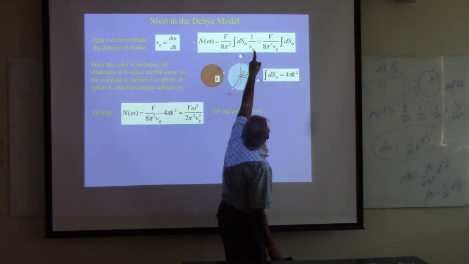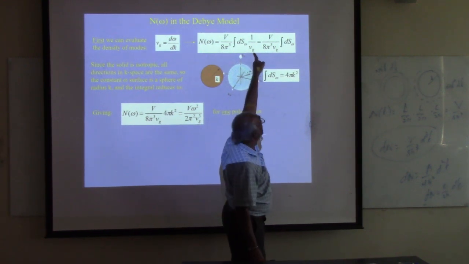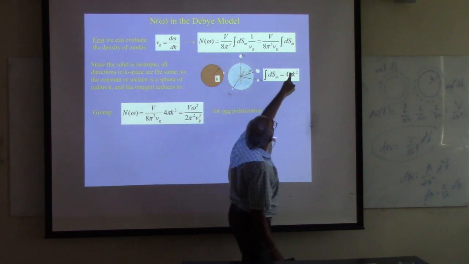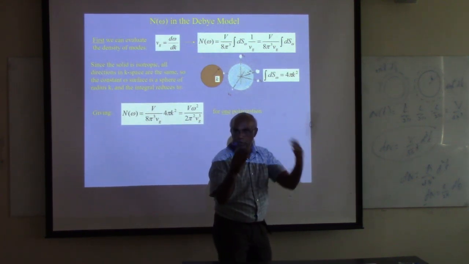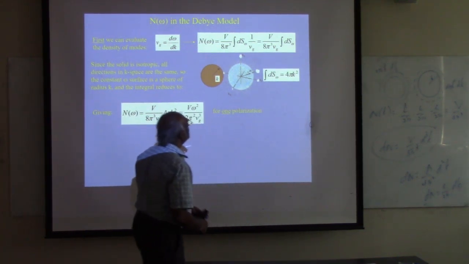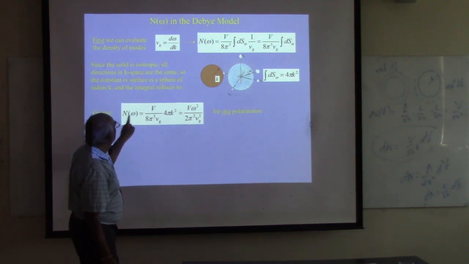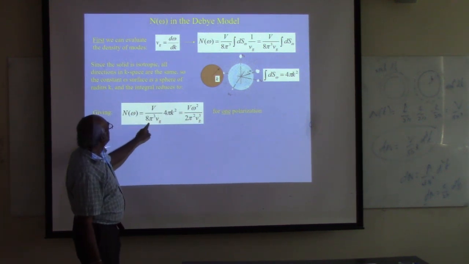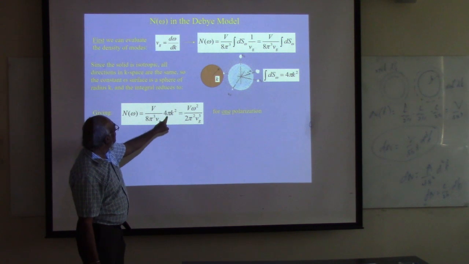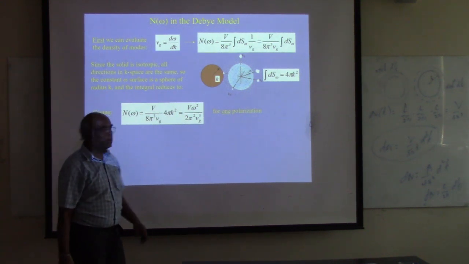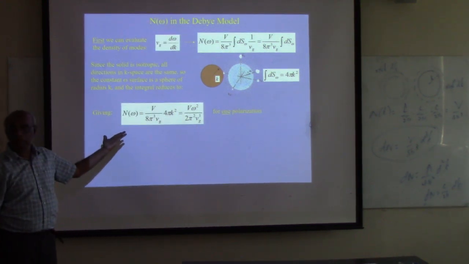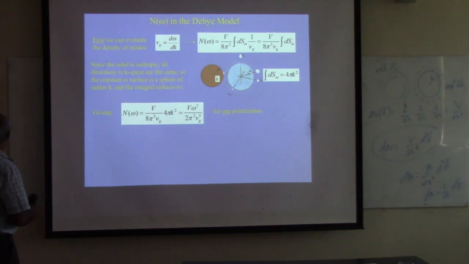We already put d omega over dk, that's why Vg is here. So this is 4 pi k squared, if it's a homogeneous distribution. If you do that one, n omega becomes Vg times this becomes 4. This is the relationship. Now we calculate n omega, right? You can see n omega is now going like omega squared.